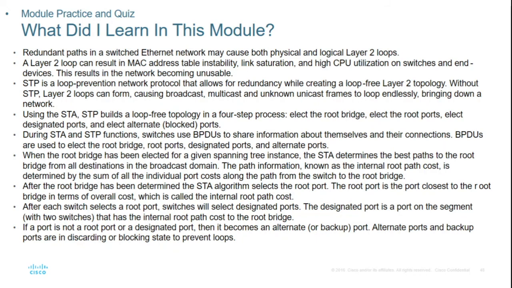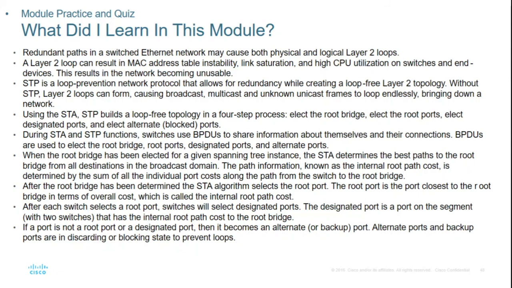From that root bridge, path information, or internal root path cost, is determined by the sum of all individual port costs along the path from the switch to the root bridge. Root ports are ports closest to the root bridge in terms of overall path. Then the STA will select designated ports.